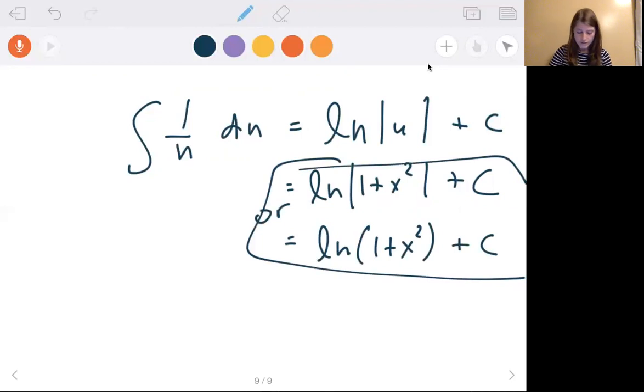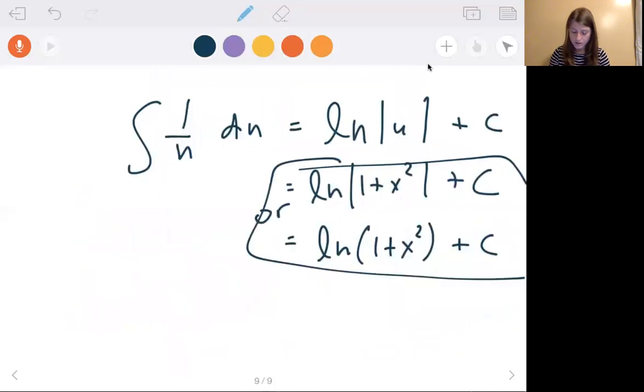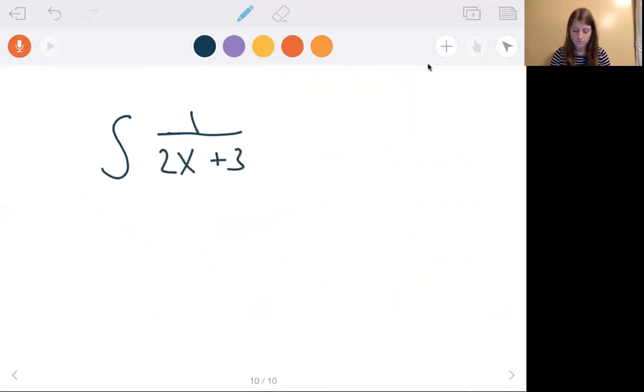Now, the reason I think this one is trickier is a less obvious u substitution. When you look at this original part, you're not seeing a composition. So let's take a look at another example that kind of feels similar. One over 2x plus 3.